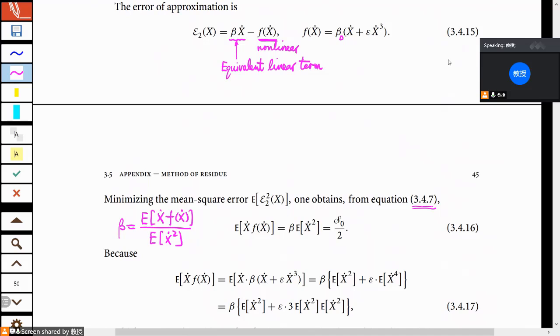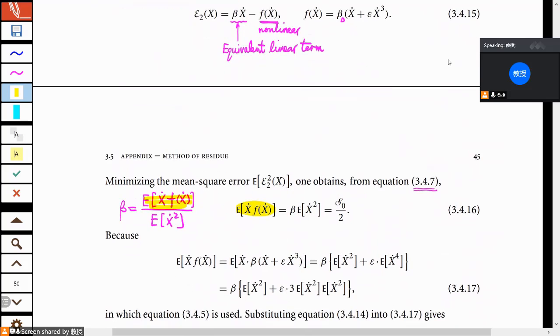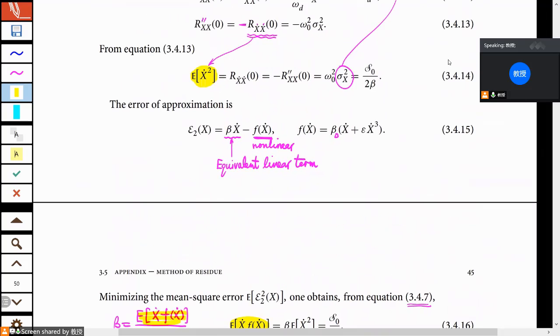Okay, so this term is equal to beta times the expected value of x dot squared. And the expected value of x squared, we find it here.